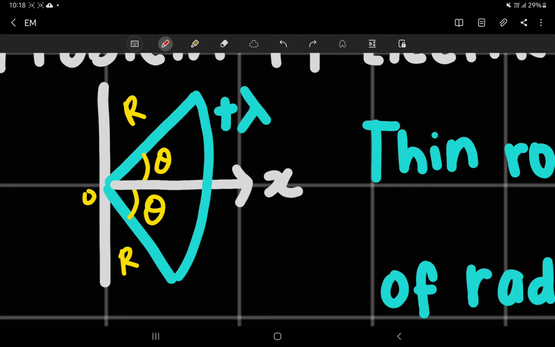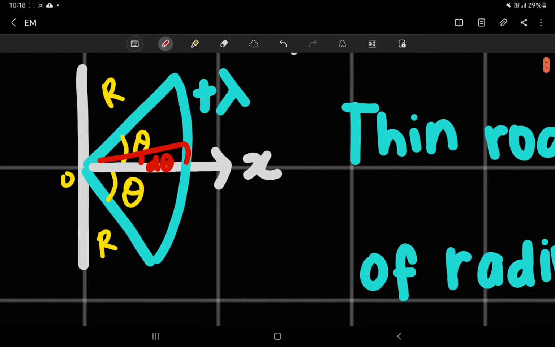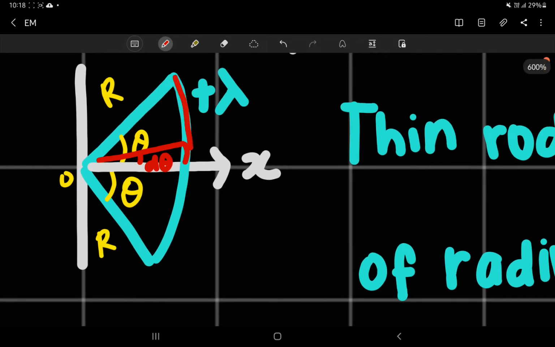This is a small angle d theta, and this small element is ds. I just consider the top region, because they are symmetric, so I don't have to consider both of them.